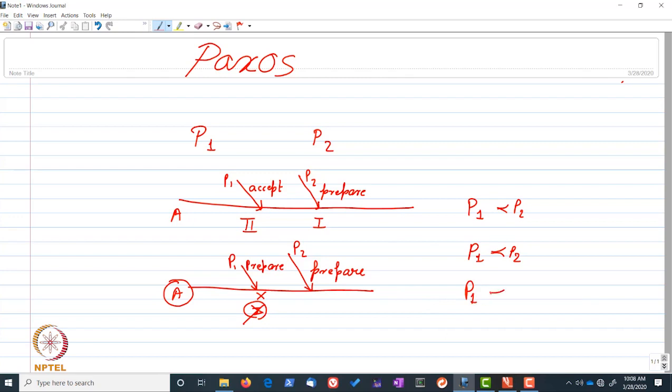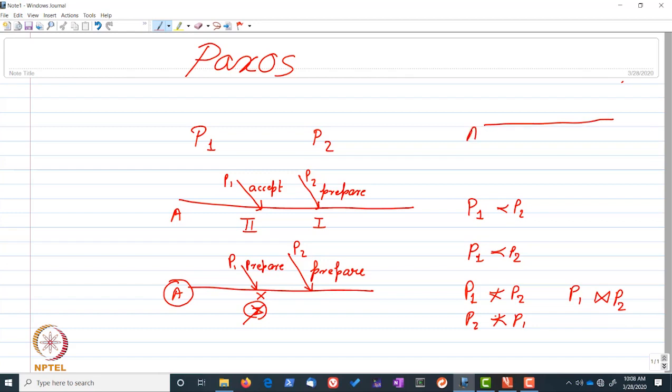If P1 does not precede P2 and P2 does not precede P1, then we say that P1 and P2 are concurrent, and we depict concurrency by this horizontal hourglass, that P1 is concurrent with P2. So what would be a practical example for that?